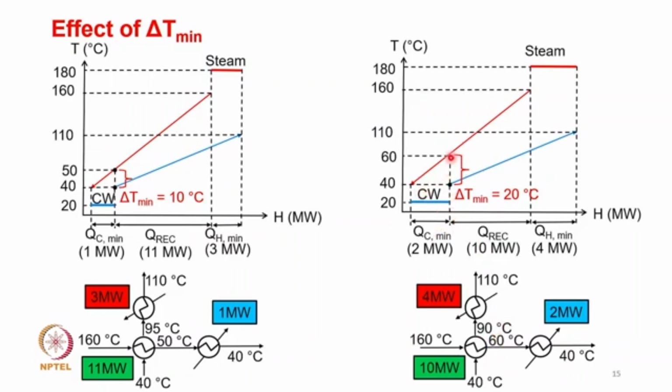So eventually it stops at 60 and you need to bring it down to 40, you need to additionally require a cooler. So overall reclaimed heat recovery would be limited to 10 megawatt.